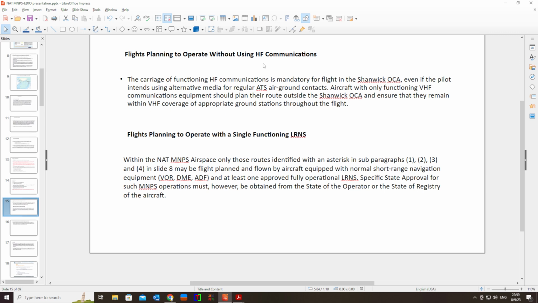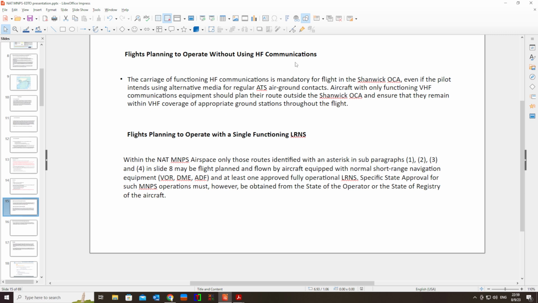The heavier the solar activity, the worse the HF communication will be. So we have to take into consideration that if the solar activity is huge, then we have to avoid routes that are really close to the north, because the aircraft is not gonna have good reception of the HF, and we need to keep ourselves close to VHF communication.